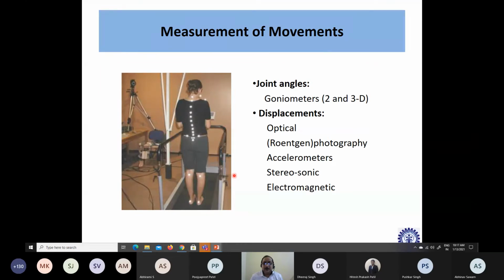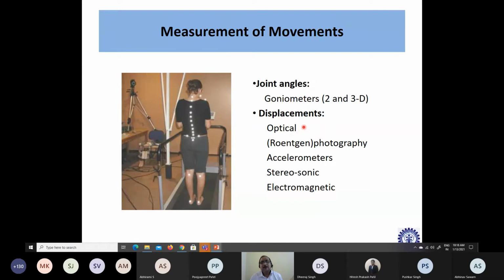I just mentioned some of the techniques, like goniometers, which have been used in 2D and 3D measurement of joint angles, okay? But goniometers are not in much use today because there has been a new, not new, but quite an established method in the form of reflective markers or optical markers. So it started with measuring displacement.